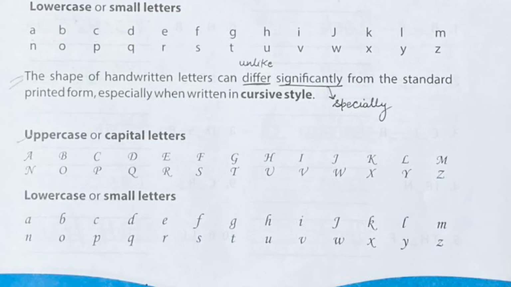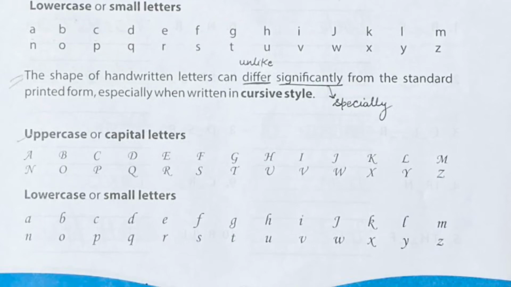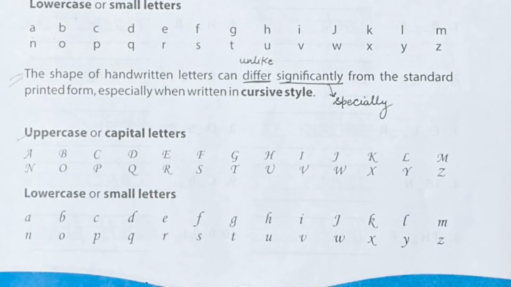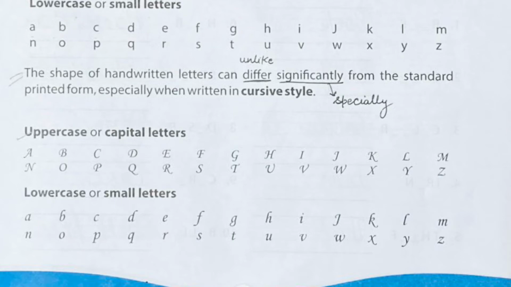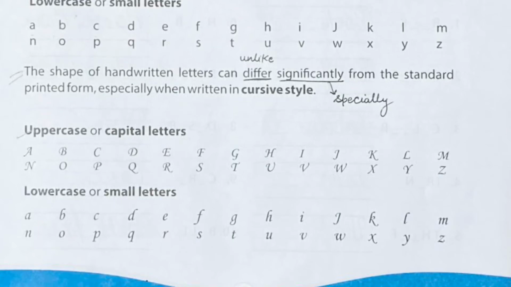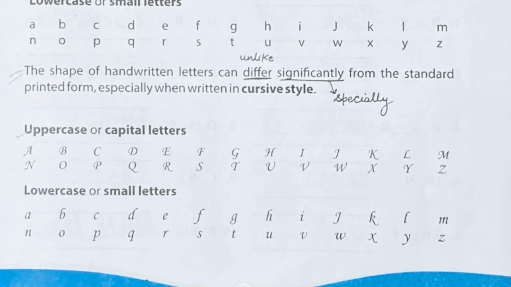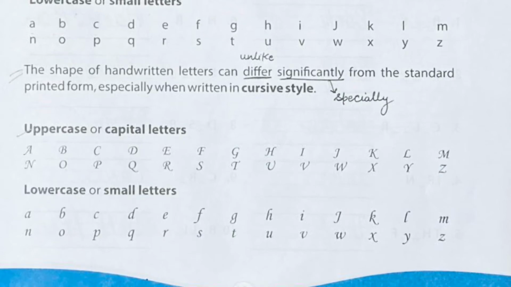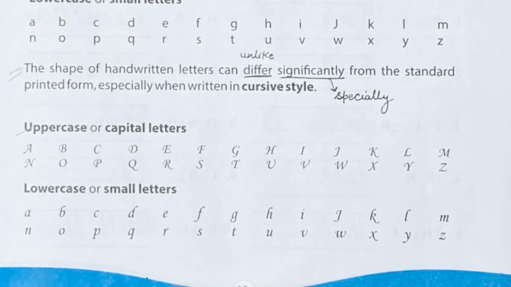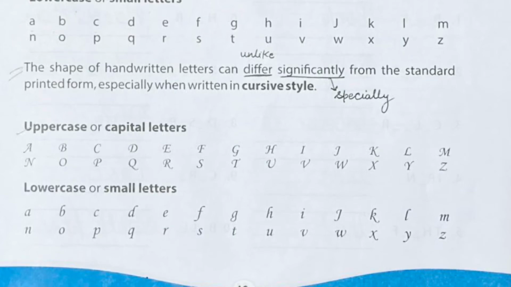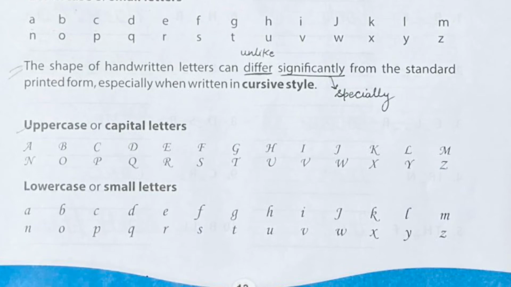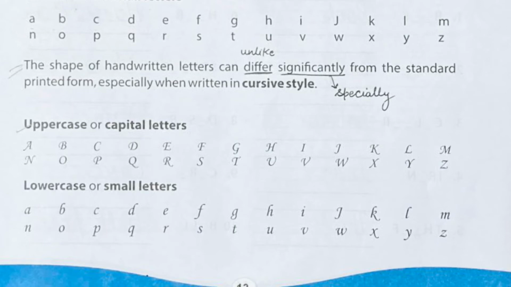When we write these letters or words, they are not similar to the standard printed form. The printed form is different from the handwritten form, especially when written in cursive writing. And if we talk about cursive style, they differ very much.